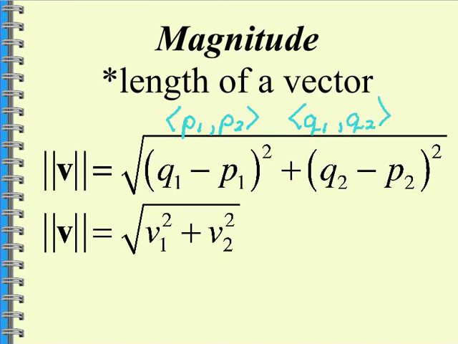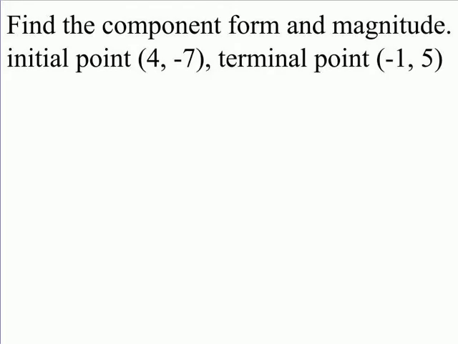That's where those come from. And so basically what I'm doing is I'm taking Q1 minus P1, so that's like the x's, and then Q2 minus P2, which is like the y's. This is the formula that you will probably use more of, the V1, V2, and we'll talk a little bit about that.